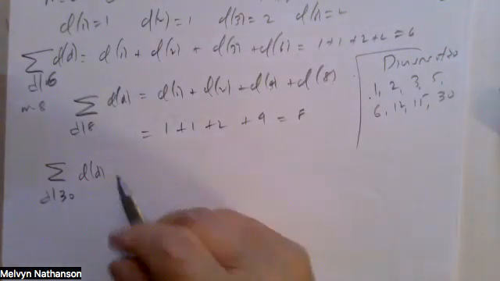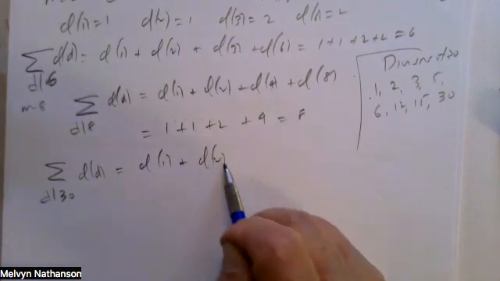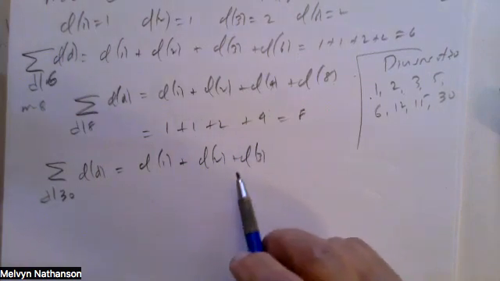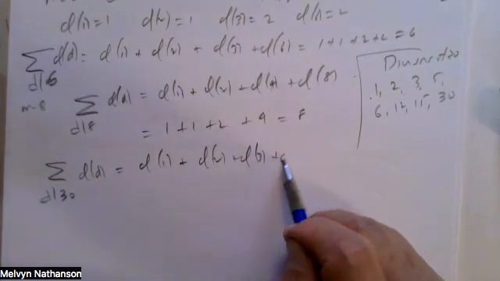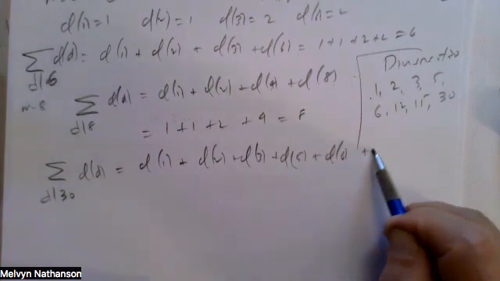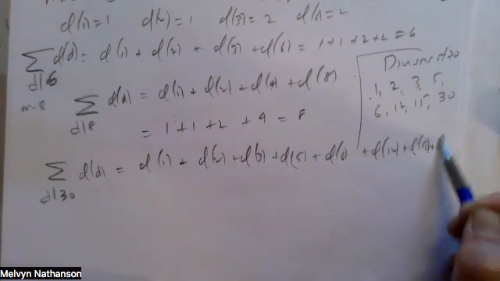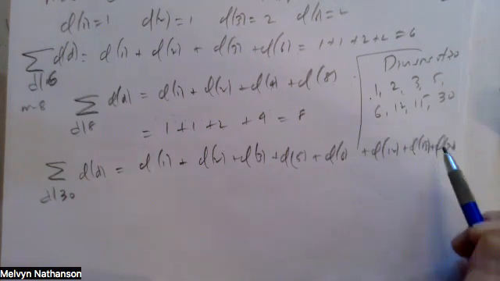There are 8 of them. So I want to compute phi of 1 plus phi of 2 plus phi of 3 plus phi of 5 plus phi of 6 plus phi of 10 plus phi of 15 plus phi of 30.